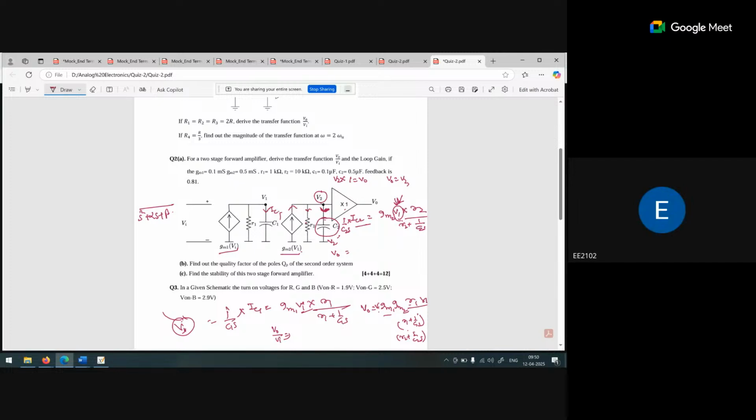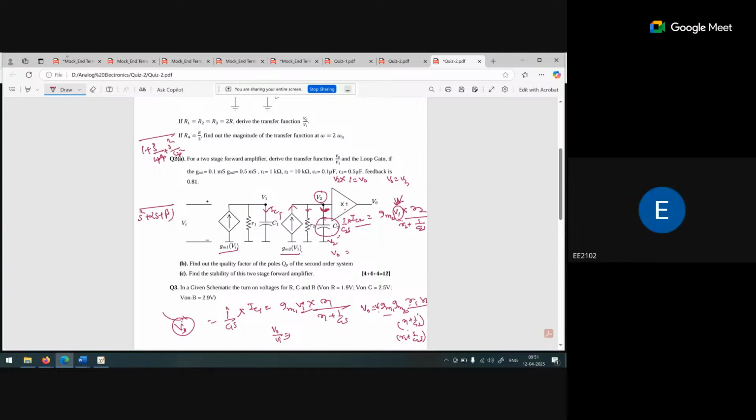Now how do we calculate the quality factor? Basically, compare this with the second order equation, 1 plus S upon omega p Qp plus S square upon omega p square.